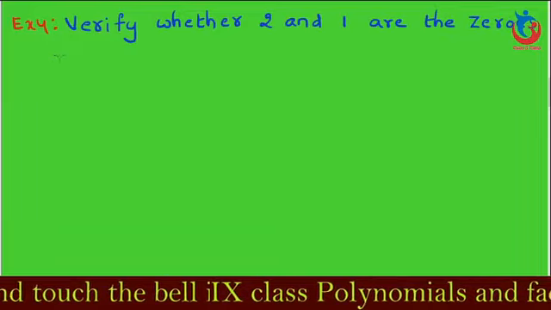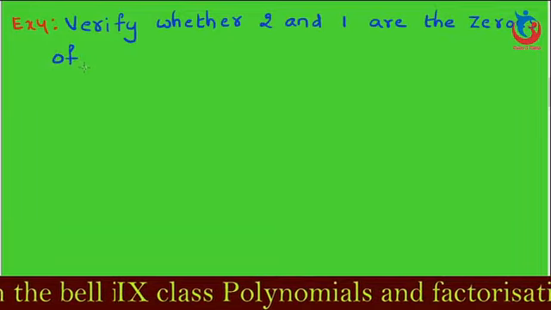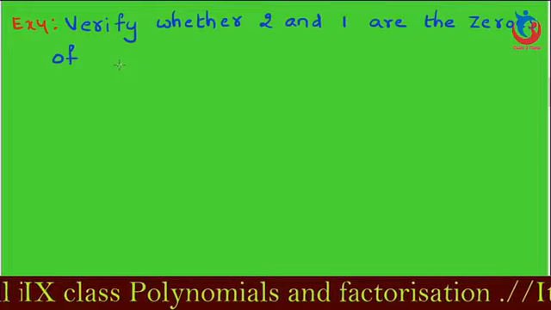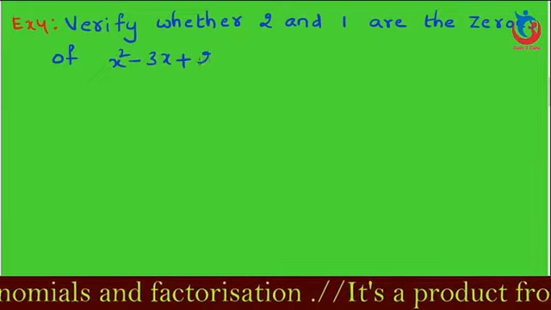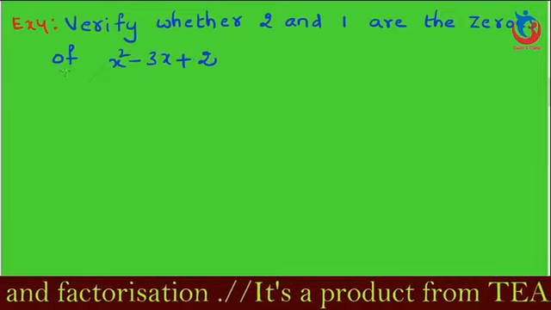The question is: verify whether 2 and 1 are the zeros of the polynomial x square minus 3x plus 2. We have to find this.